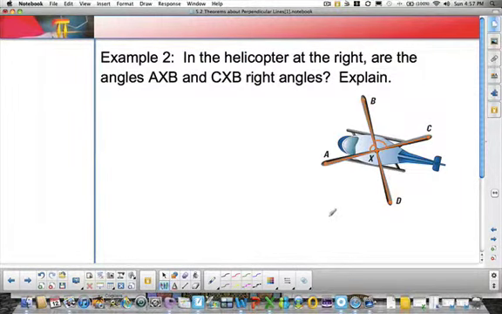So, in this example, we have a helicopter. Can we conclude that angle AXB and angle CXB are right angles?